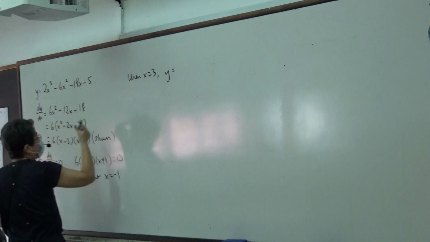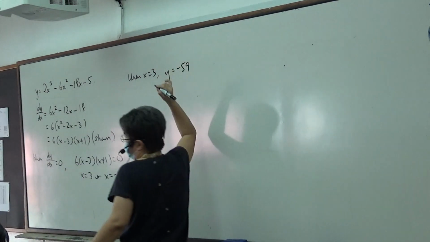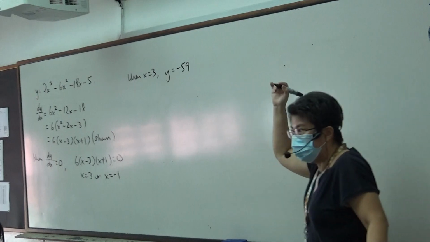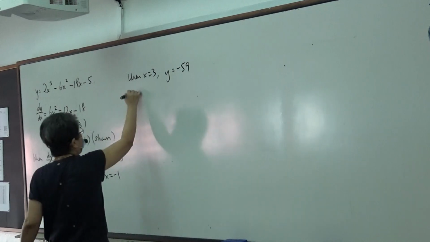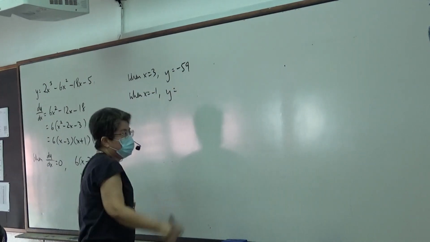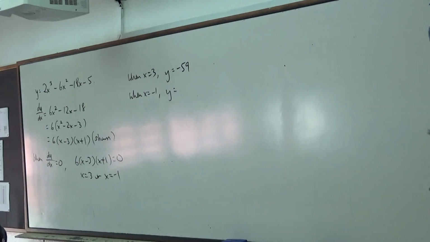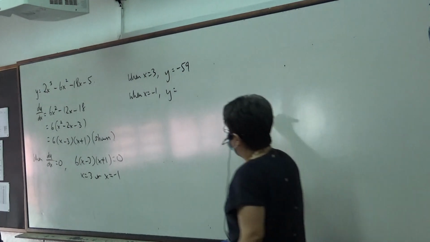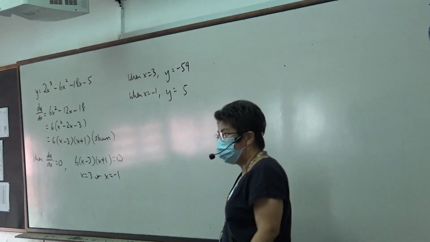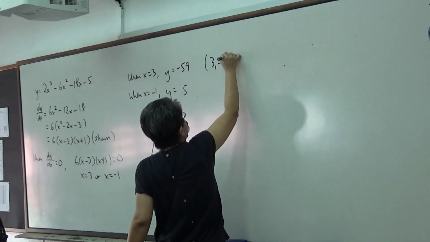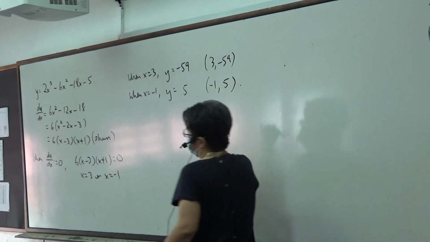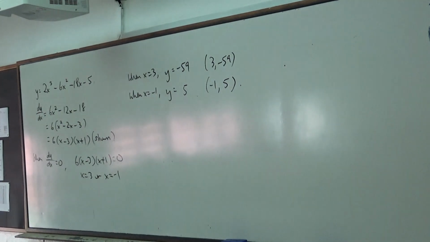When x is 3, you will get negative 59. How about when x is negative 1? Y will be 5. So, this is the first stationary point, and this is the second stationary point. Stationary point is always found when you equate dy/dx to 0.